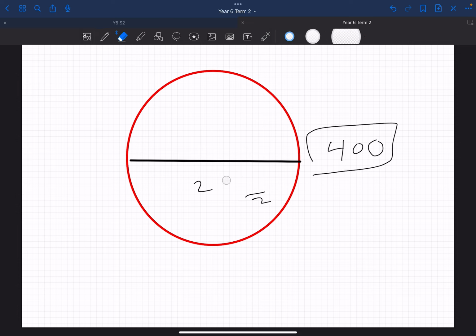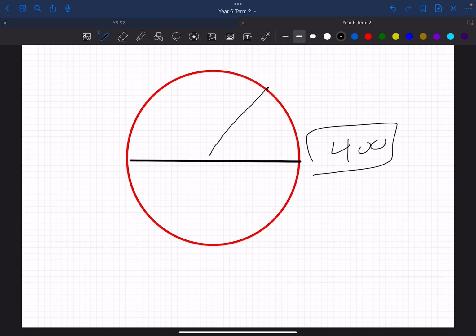Now, what if I put it to you this way? And I told you, please get me the following.